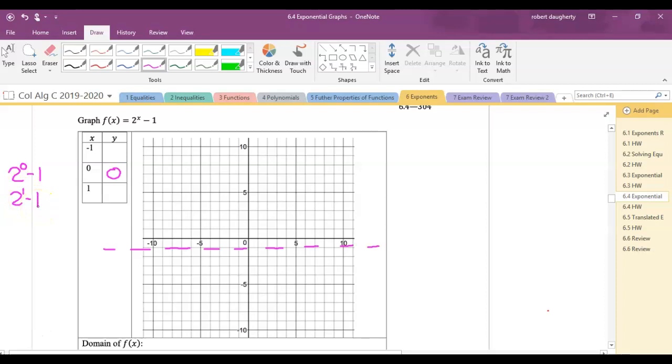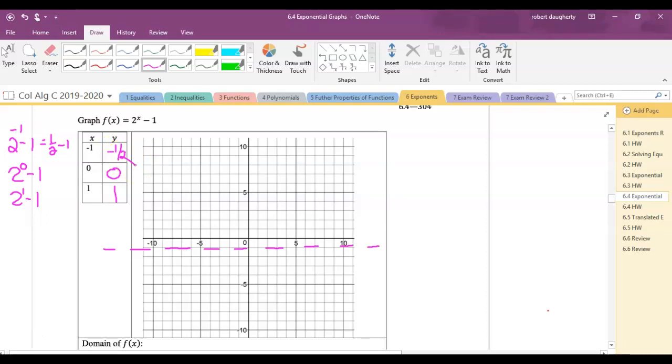What is 2 to the 1 minus 1? This is 2 minus 1. What's 2 minus 1? 1. Okay. And then 2 to the negative 1 minus 1. What's 2 to the negative 1? No. 2 to the negative 1 is 1/2. It's 1 over 2 to the 1. It's 1/2. So this is 1/2 minus 1. What's 1/2 minus 1? Negative 1/2.